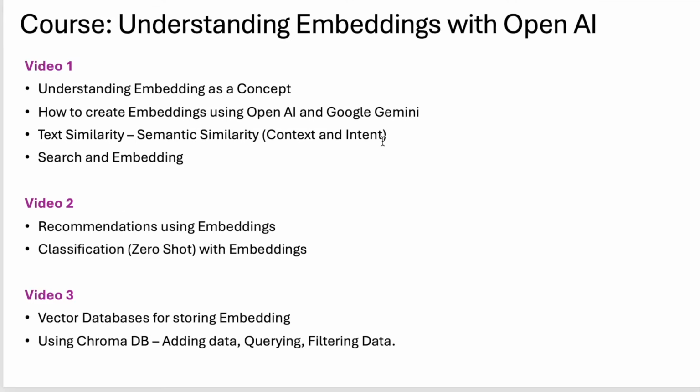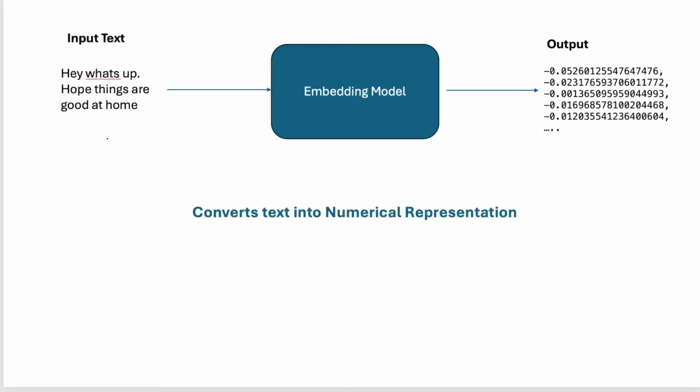So let's get started. First, I want to help you conceptually get a strong idea about what embedding is. Think of it like this: embedding takes text input and converts that text input into a numerical representation. Look at the screen and you can see there's an input text like, hey, what's up?